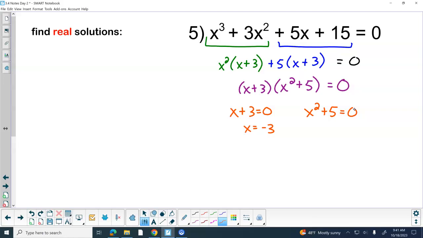We could use the quadratic formula, but b would be 0. Yep, that's one way. What's the other way? That's a little quicker. Oh, so we move the 5 over and then square root. Yep, okay. So if I move the 5 over, I would get x squared equals negative 5, and then I can square root, right?